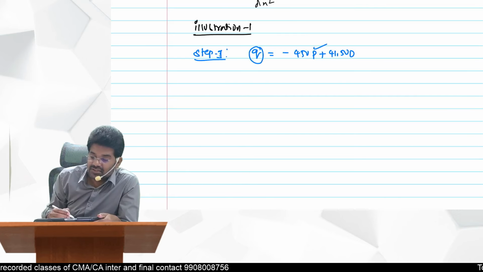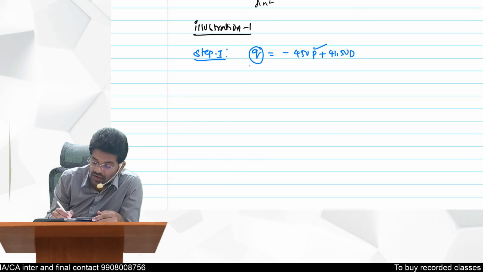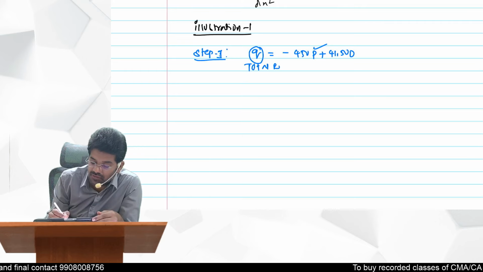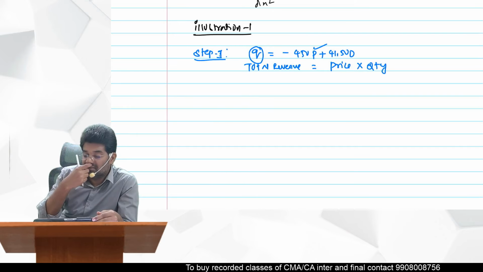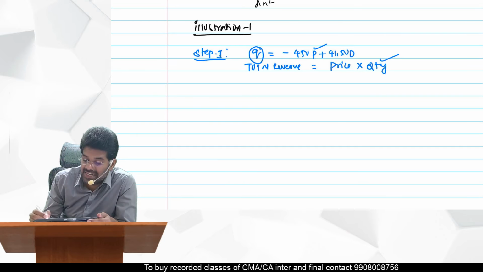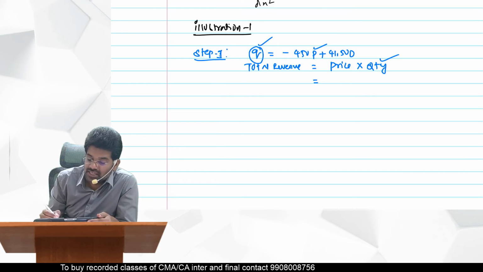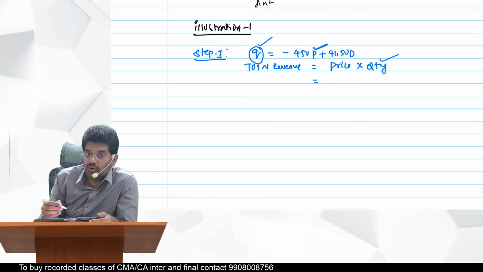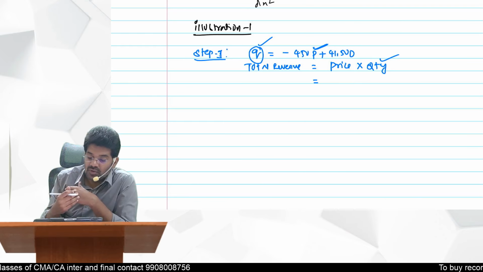And P represents price. So now what I want exactly is total revenue. How do I get total revenue? Total revenue is equal to price into quantity. This is how we get total revenue. So now we know the quantity, as I told you earlier, this is a quantity equation. Then what about price here? Price also we should get now. So how can I get the price equation here?